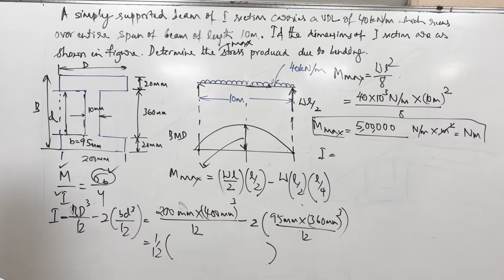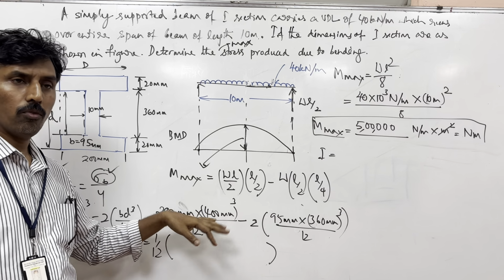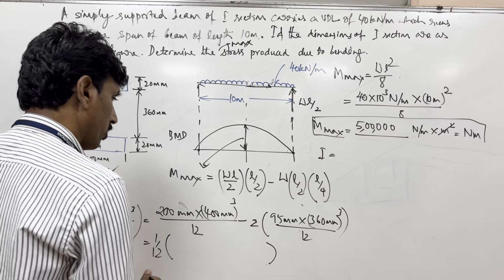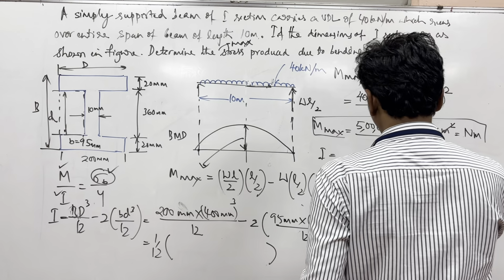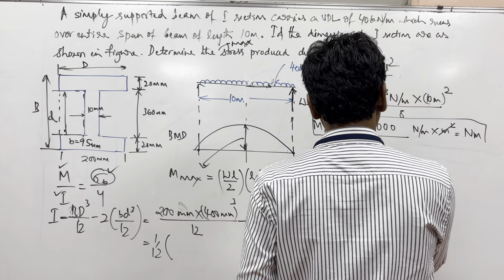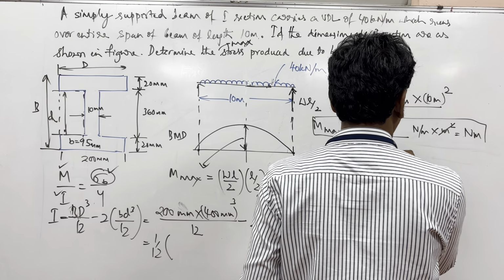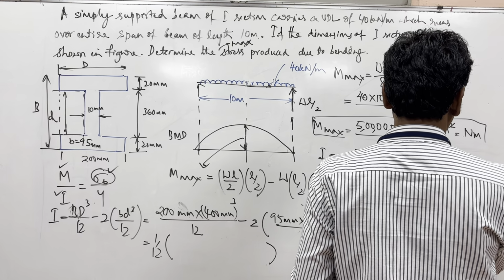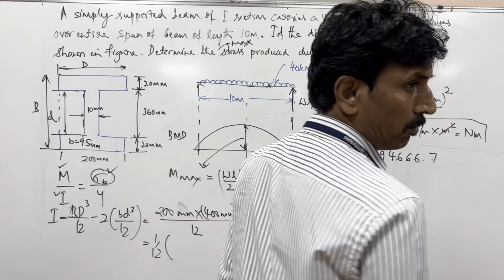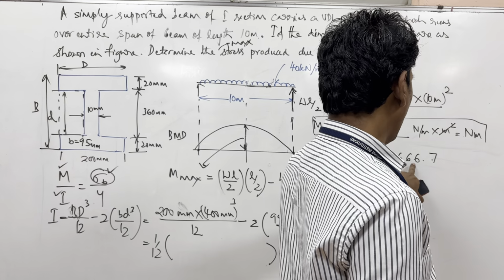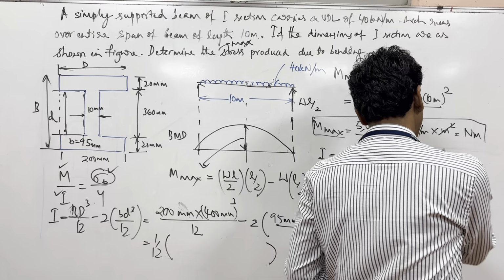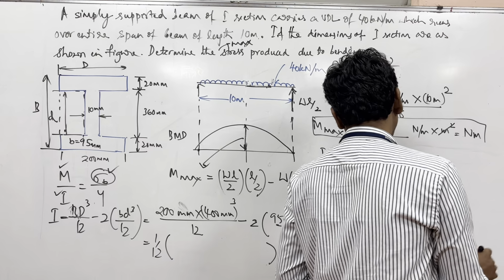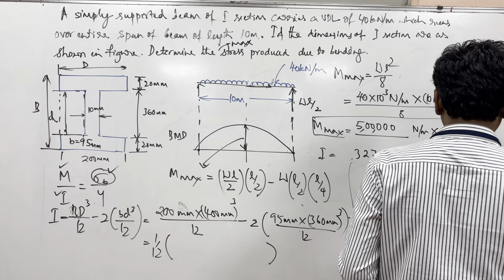This will come as a very big number because you are multiplying by 400 three times. The answer is around 3279466.7, almost 8 digits.